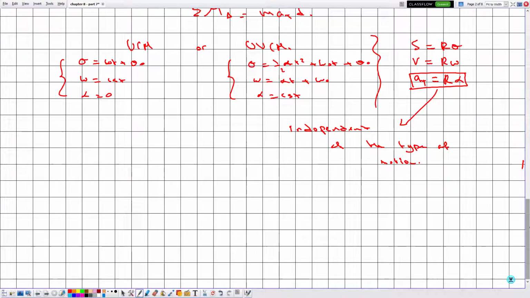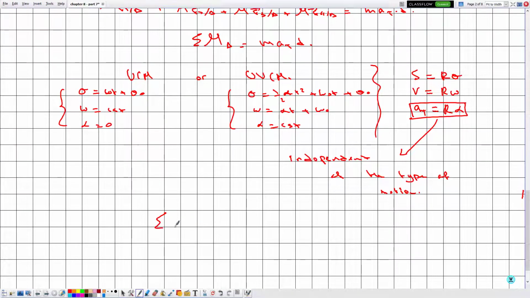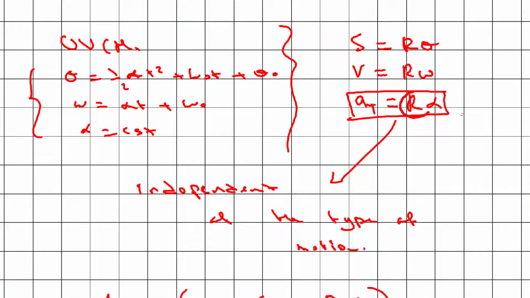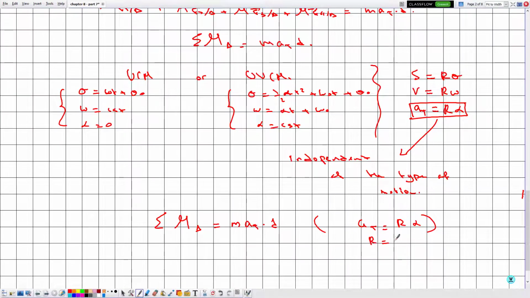So now we have reached the fact that the sum of moments around delta is equal to m a tangential multiplied by the distance d, but we know that a tangential is equal to r multiplied by alpha. Now let's recall, what does r represent? R in this case is equal to d, which is the distance from the axis of rotation, or the radius, which is the distance from the axis of rotation to the mass itself. So in this case let's replace d by r.